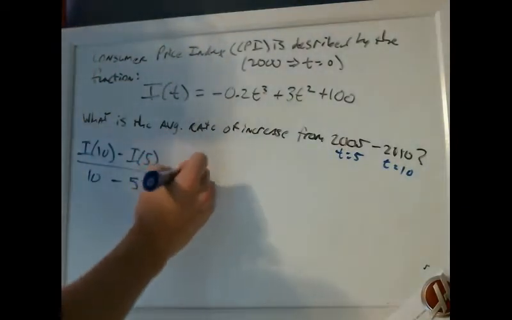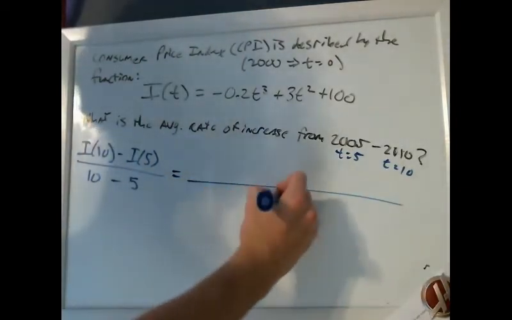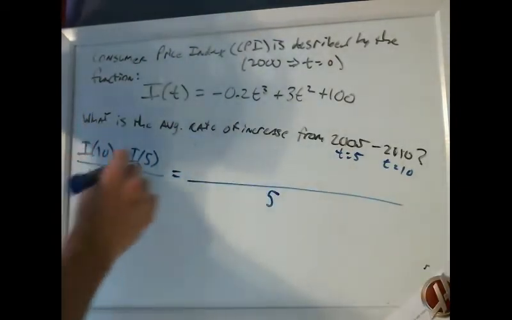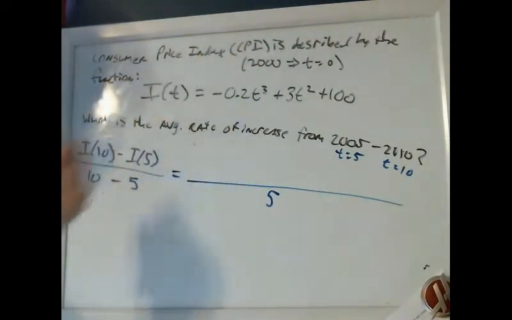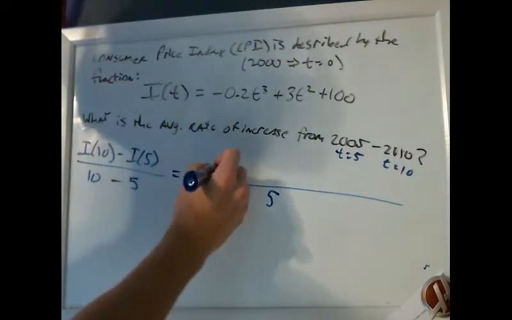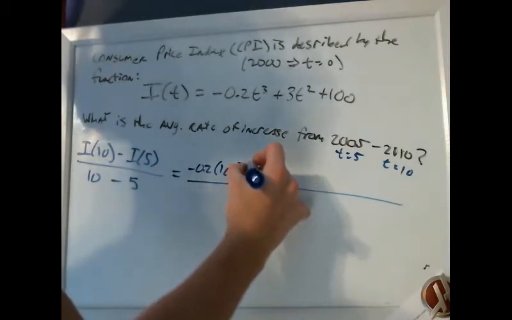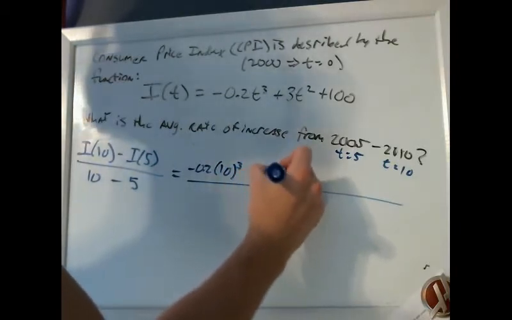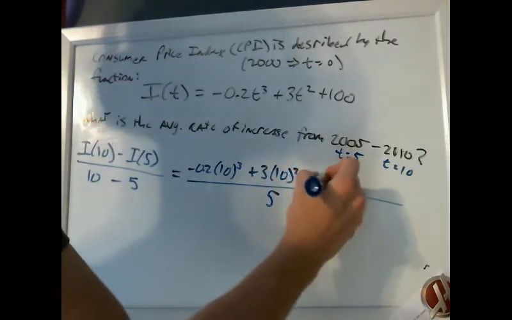So when we plug in what we have here, we know the denominator is going to be 10 minus 5, which is 5. I of 10, we are simply, in place of t, plugging in 10. So we have negative 0.2 times 10 cubed plus 3 times 10 squared plus 100.